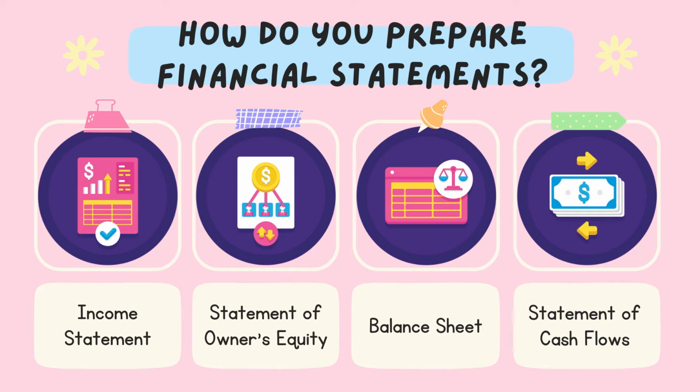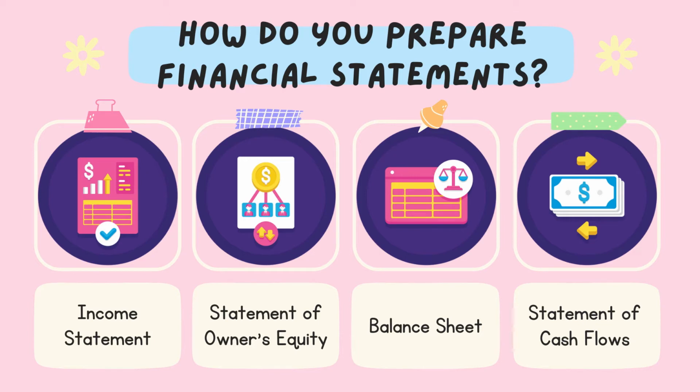Then the second statement is called the statement of owner's equity. The statement of owner's equity shows the changes in capital for a business entity during a time period, such as a month, quarter, or year.